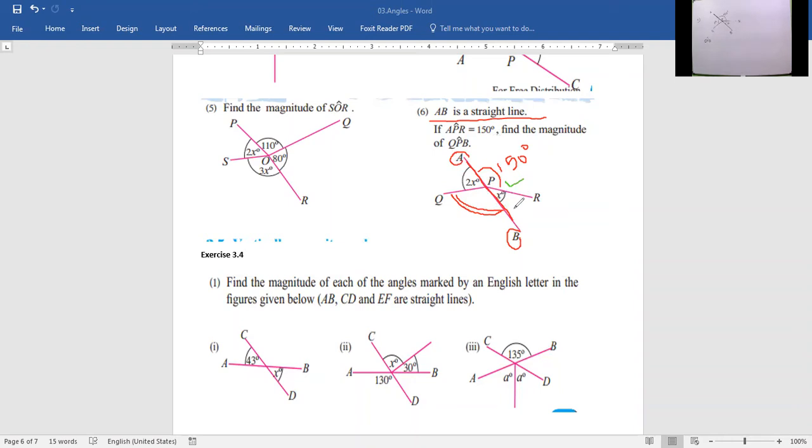This angle and this angle are adjacent. AB is a straight line, and this angle is adjacent also. So you can easily find the value of Q.